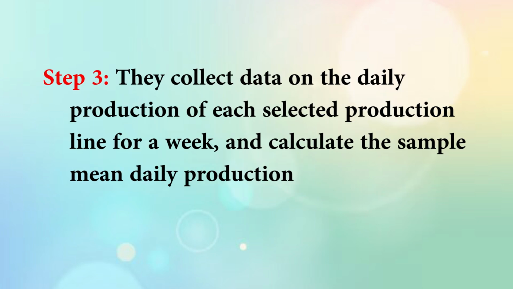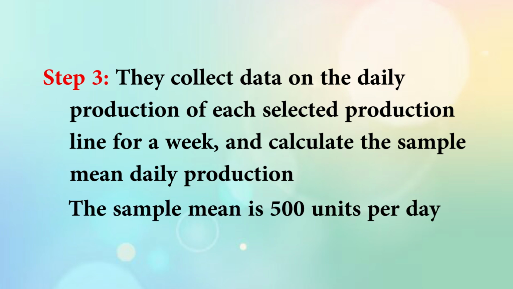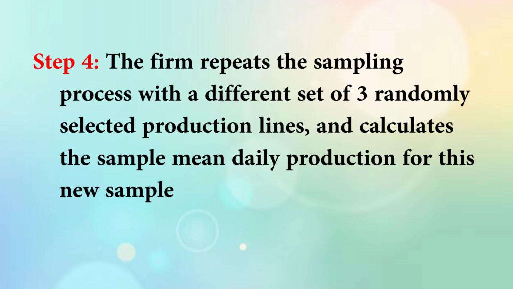They collect data on the daily production of each selected production line for a week and calculate the sample mean daily production. The sample mean is 500 units per day. The firm repeats the sampling process with a different set of 3 randomly selected production lines and calculates the sample mean daily production for this new sample.